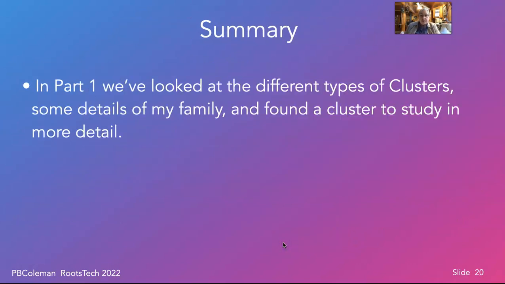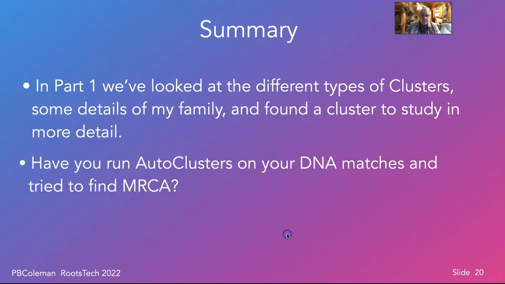So in part one, we looked at the different types of clusters. We looked at some details about my family, and we found a cluster to study in more detail that had come from MyHeritage. Have you run any auto clusters on your DNA matches and tried to find the most recent common ancestors? That's what we're going to be doing here.